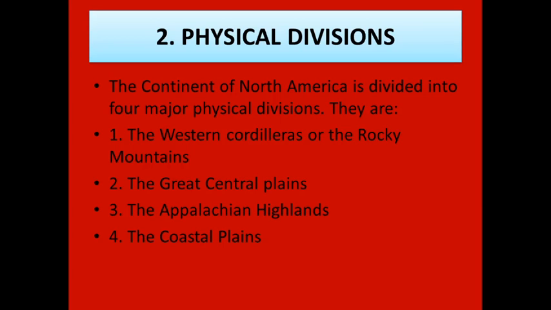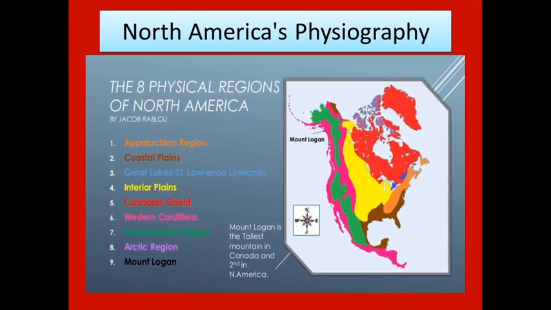And the fourth one is the coastal plains. So here you have 4 major physical divisions of North America. Can you see the map here? It is the North America's physiography map.